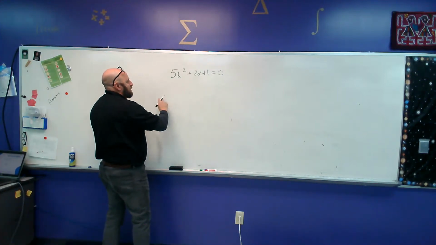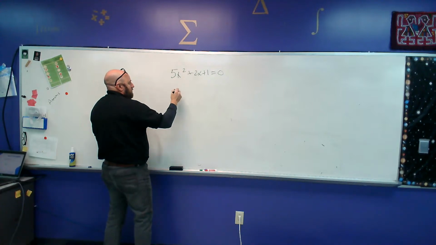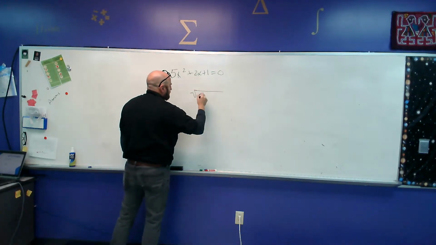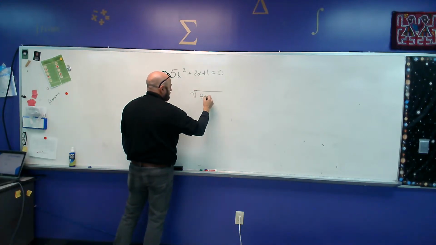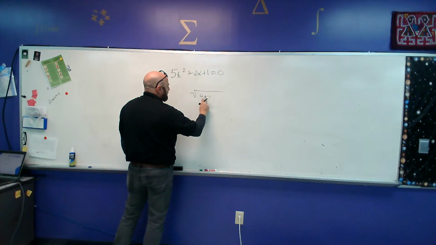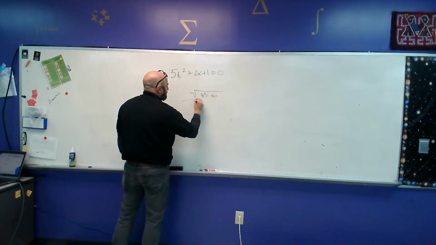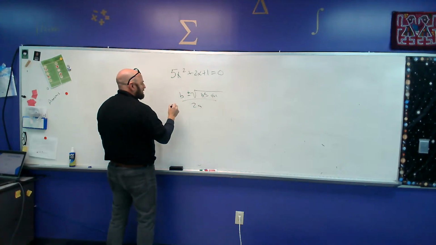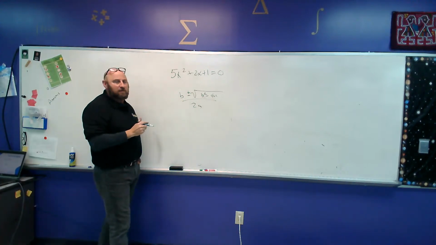Okay. What's the b squared minus 4ac? Negative b, thank you.